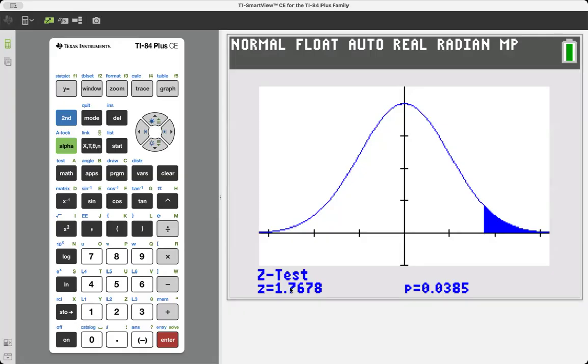I'm not going to be using it in making the decisions, but it can be used in hypothesis testing if you have critical z-scores that you are comparing it to. But I like to use p-values and compare my p-values to a level of significance, which is alpha. So let's go back to the slideshow now.